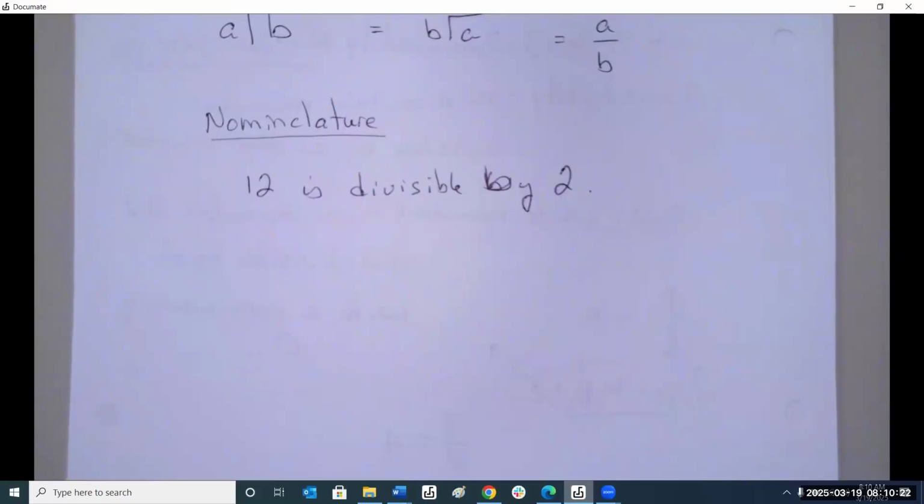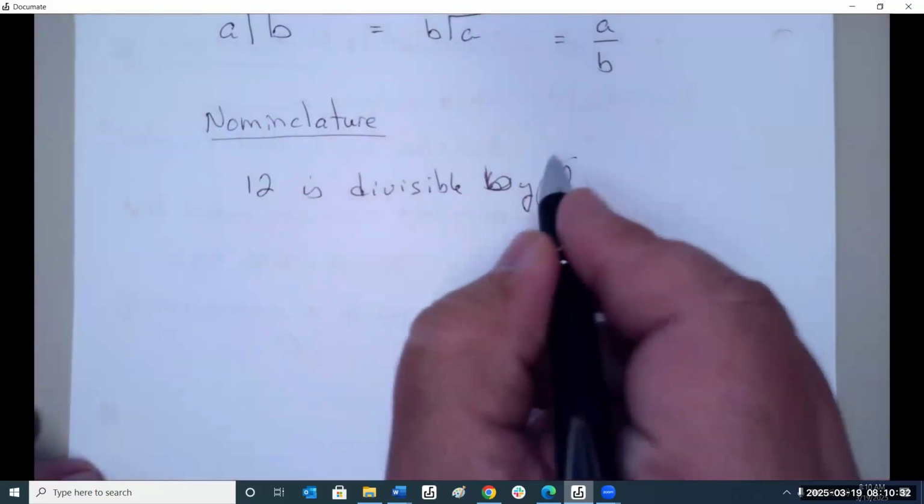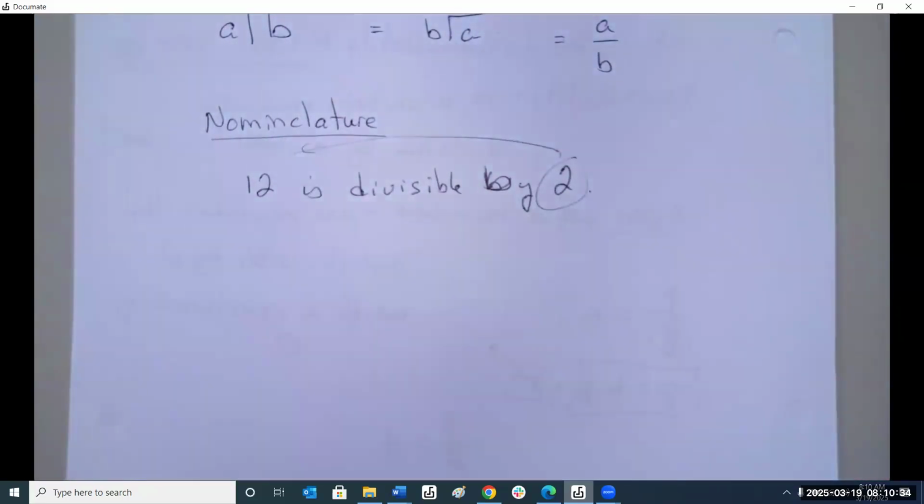Is 12 divisible by 2? What does that mean to you? That means you can make groups of 2 out of 12. Right. That means 2 goes into 12, right? Or when we deal with manipulatives, we can make a certain number of groups of 2, or we can make 2 larger groups.